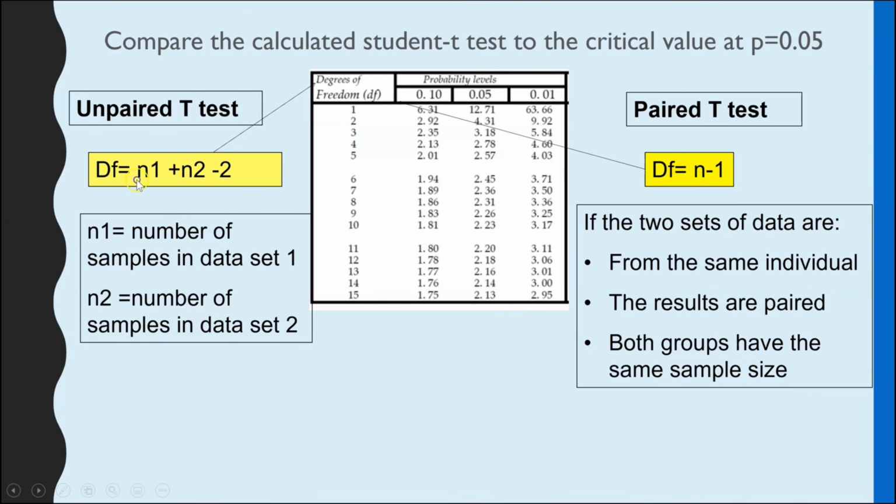However, sometimes you would have an unpaired t-test where you won't necessarily have the same numbers of samples. So with the species richness example that I said, you wouldn't necessarily have the same number of results, and that's why we then calculate our degrees of freedom in this way. So however many repeats you took in sample 1 plus the number of repeats in sample 2 minus 2.